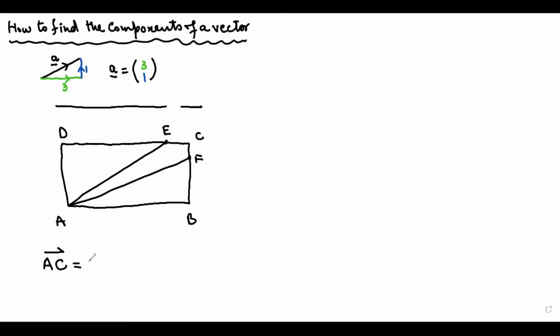One option is to move from A to B, then from B to C. There are many possible paths from A to C. One is A to B, then B to F, then F to C.